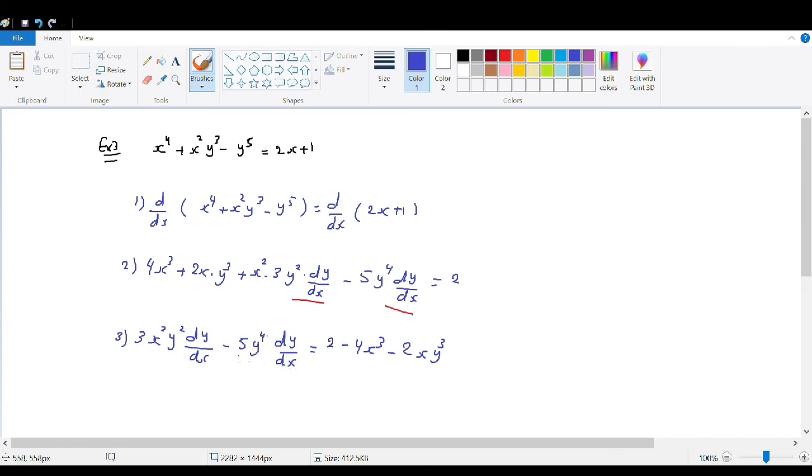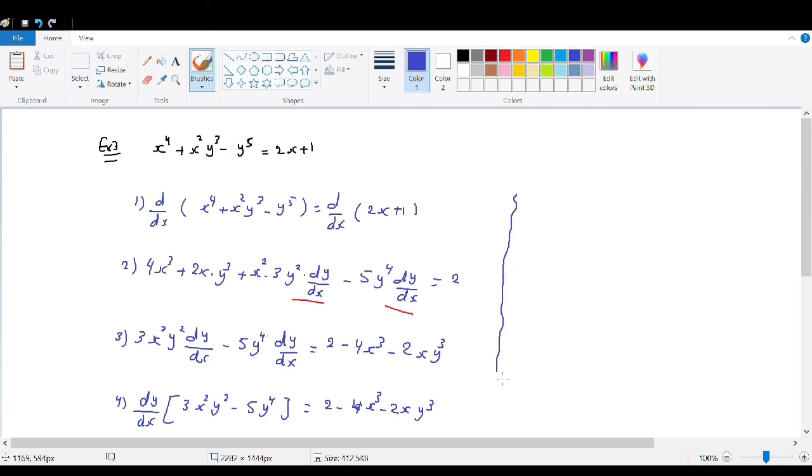Now from these two we need to take dy over dx as a common factor. So we are left with 3x squared y squared minus 5y power 4 from here, and on the other side 2 minus 4x cubed minus 2xy cubed.